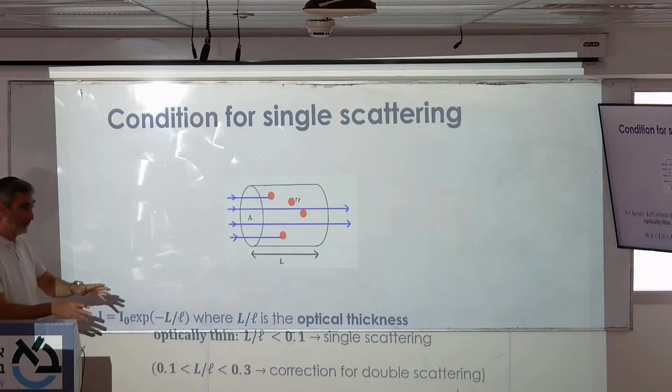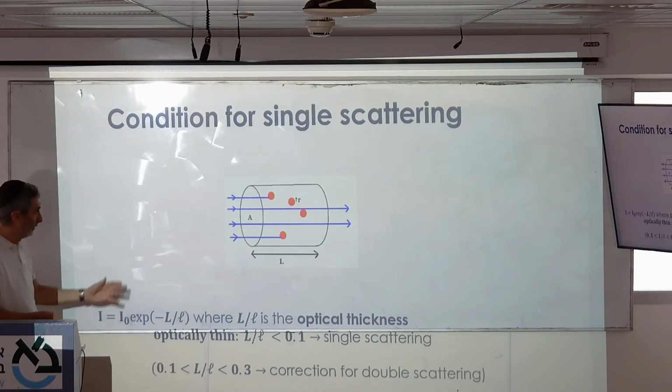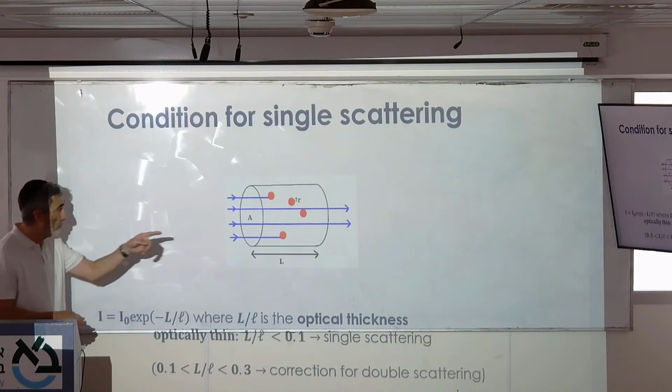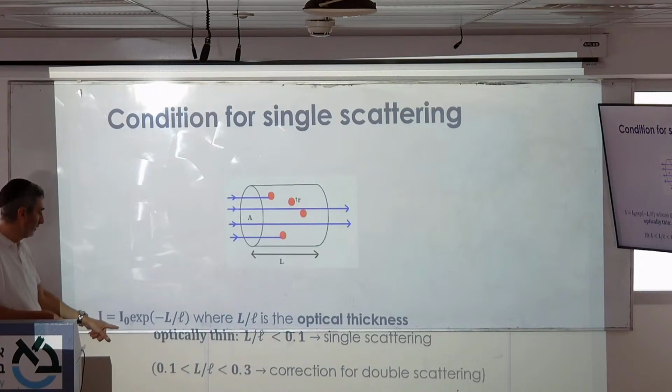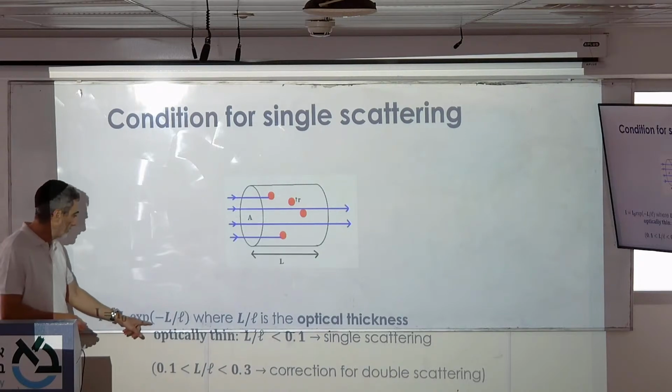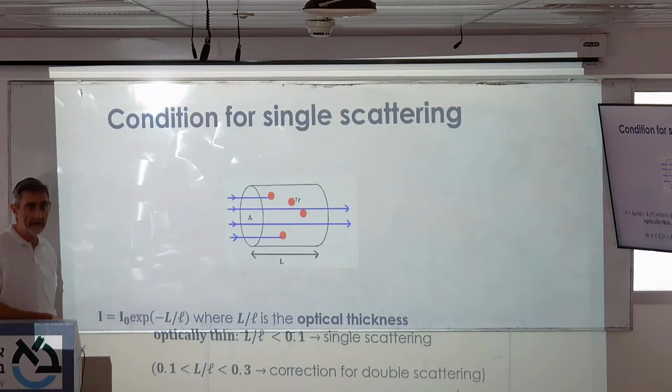As light is lost in other directions, the intensity decays along this volume in the forward direction, like exp(minus L over small l), and this small l was defined as the mean free path.